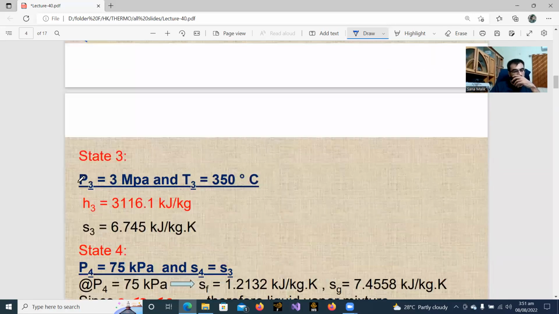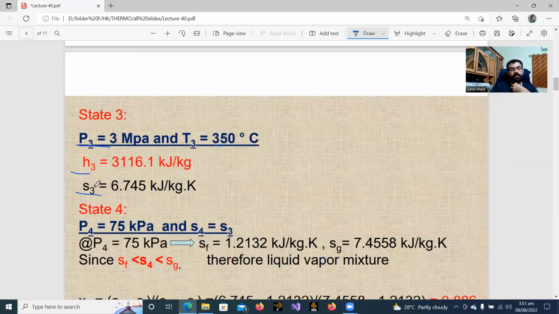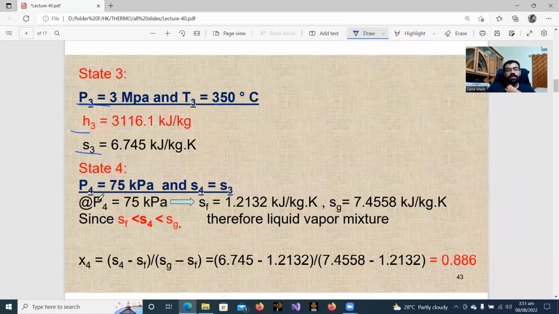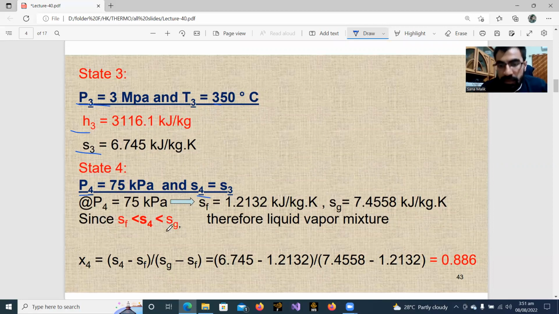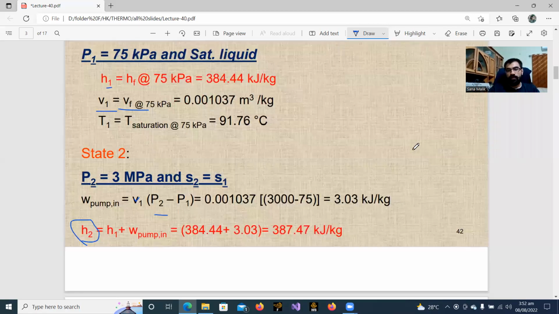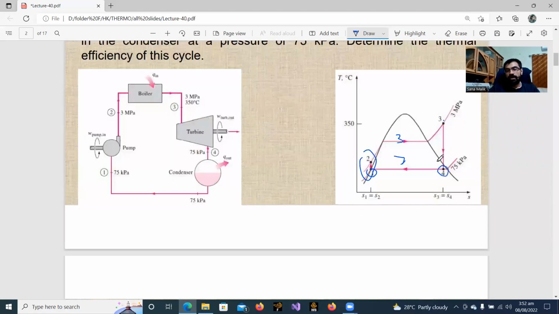For state 3, we have pressure and temperature. We find entropy and enthalpy. For enthalpy at state 4, we know P4. We know S4 is equal to S3. We will try to find the quality, or the state at which this point 4 lies. We don't know whether it is saturated liquid, saturated vapor, or a mixture.